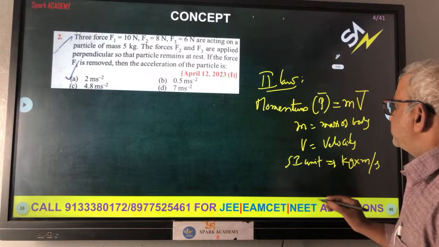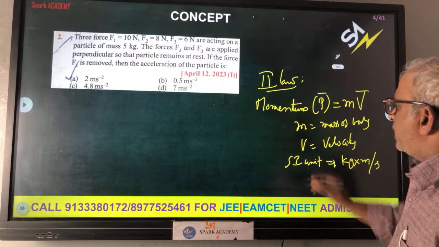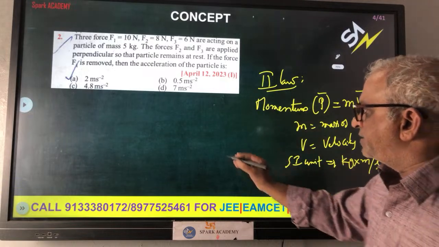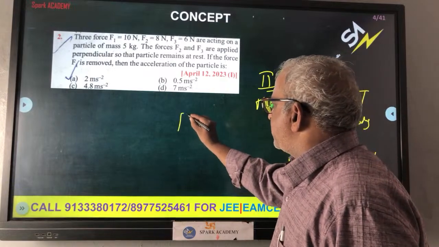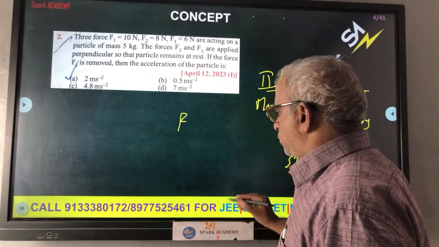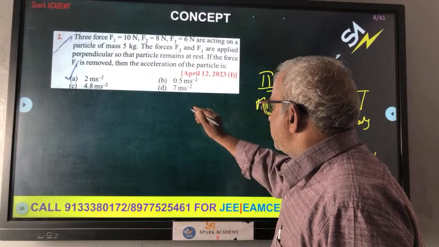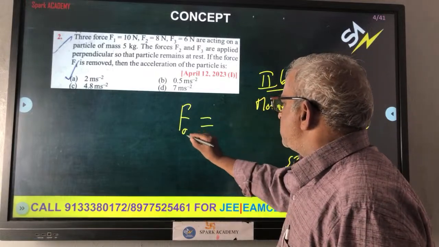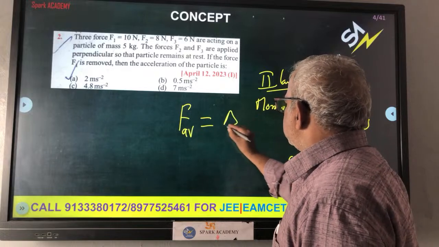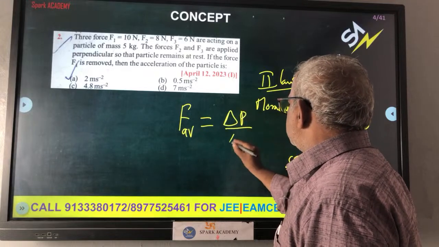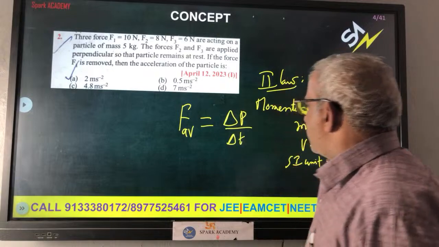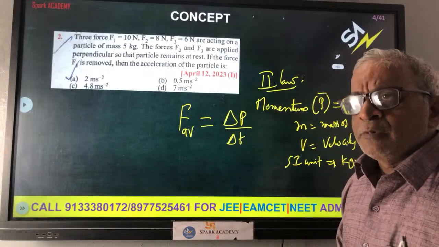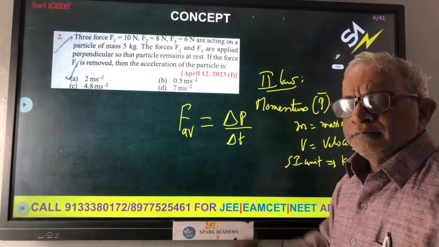Momentum is a vector. So why are you learning momentum? Because force is defined with it. The second law says force is proportional to delta P by delta T. This is called average force. What is delta P? Changing momentum. Changing momentum by time.